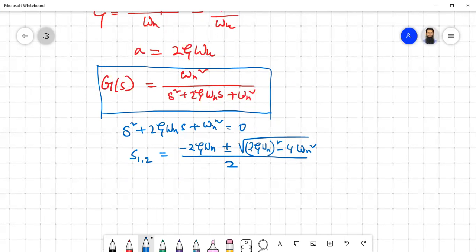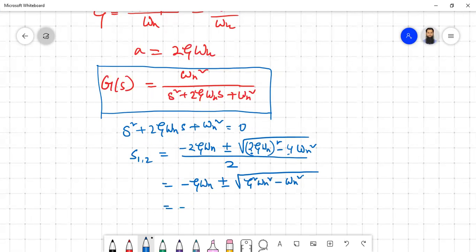Okay, so you can easily see it can be reduced from the whole equation because there will be a 4 here as well. If you take 4 common, the 4 will go outside, and as there is a 2, the 2 can be cancelled out. So minus zeta omega n plus minus root over zeta squared omega n squared minus omega n squared.